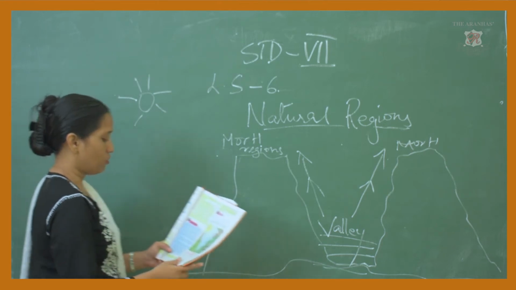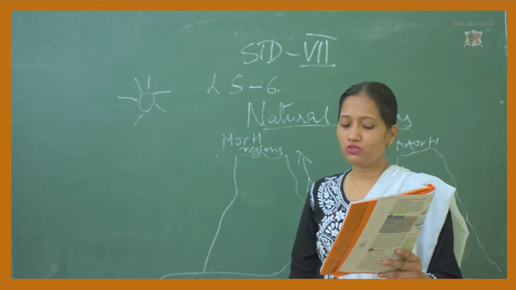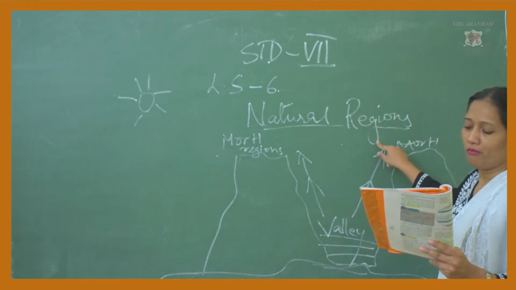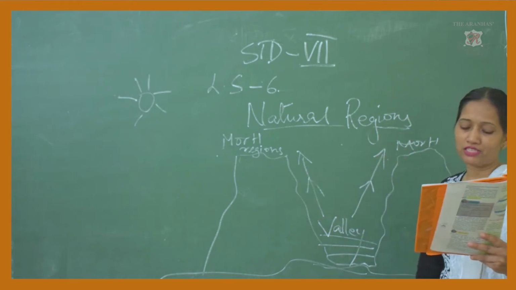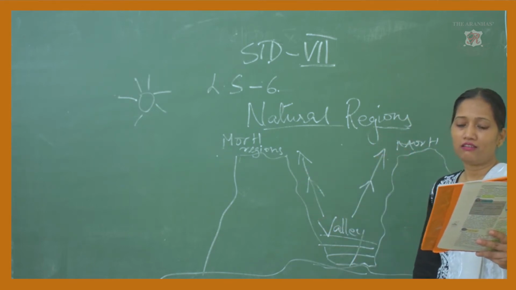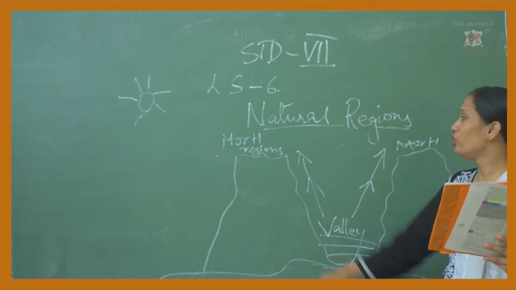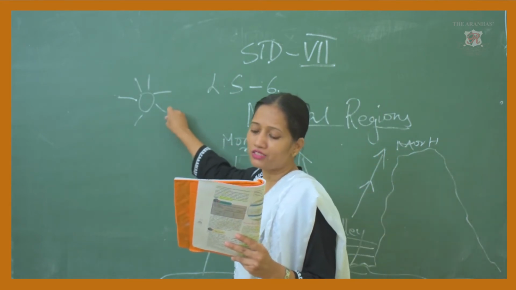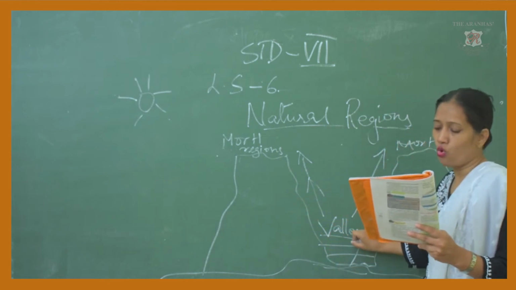Correct? So, what are the characteristics? We can find that winds are blowing from a valley to the mountains. That's the first characteristic. Second is, the air is getting heated very fast during the day, and the valley is getting cooler.